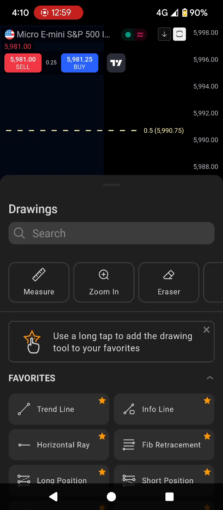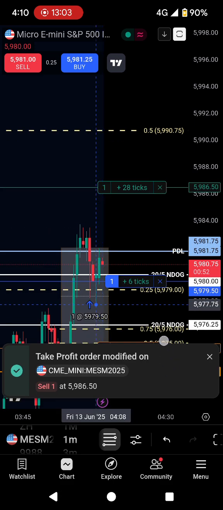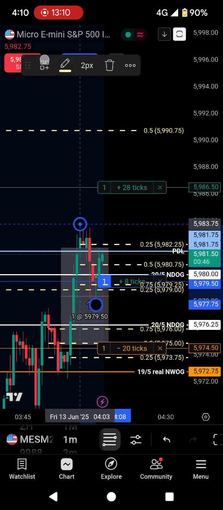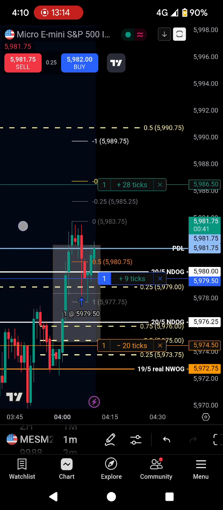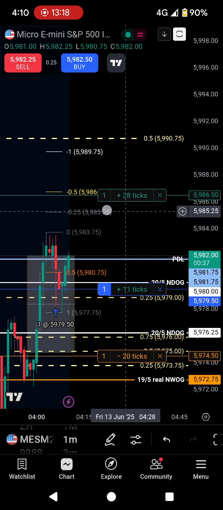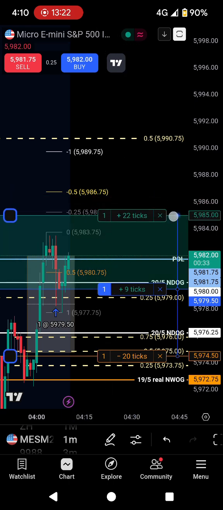Okay, just training, guys. So pull the Fibonacci and measure the fulcrum point, here to here. Okay, and see what. Okay, so the 0.5 level is on top here. The negative 0.25 level is here. So if I take profit right under here, right?